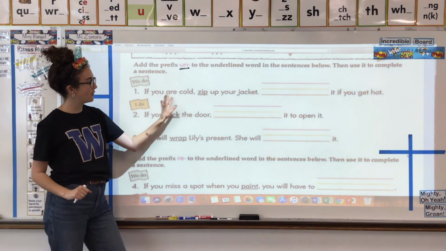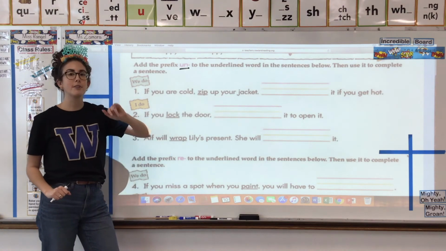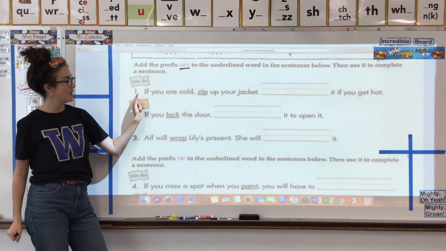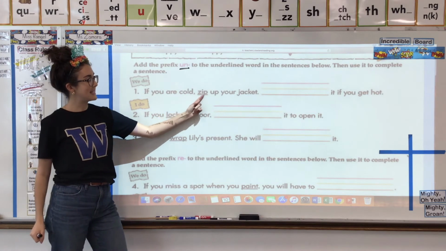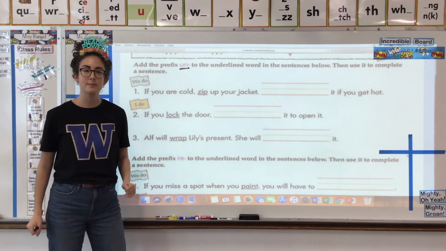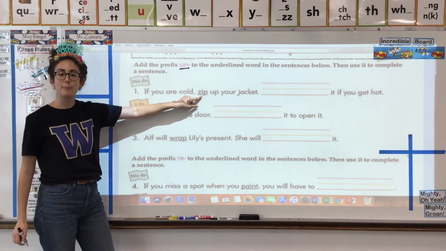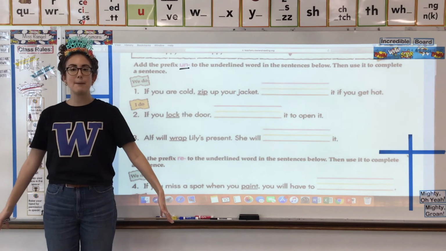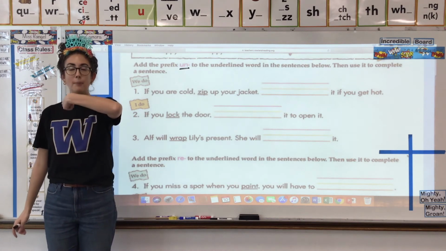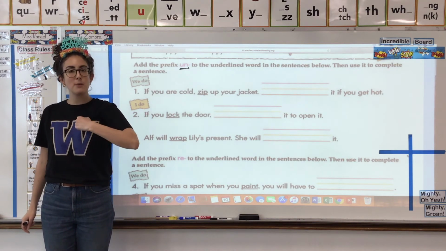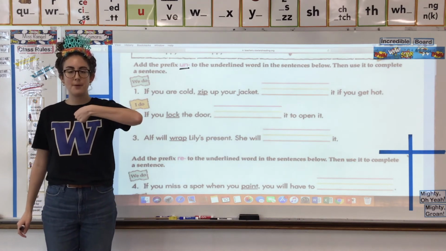Okay, in this first sentence, what verb is underlined? If you are cold, zip up your jacket. What verb is underlined? Zip. Can you show me what does it mean to zip? Zip, it means to close up something with the zipper, to zip.